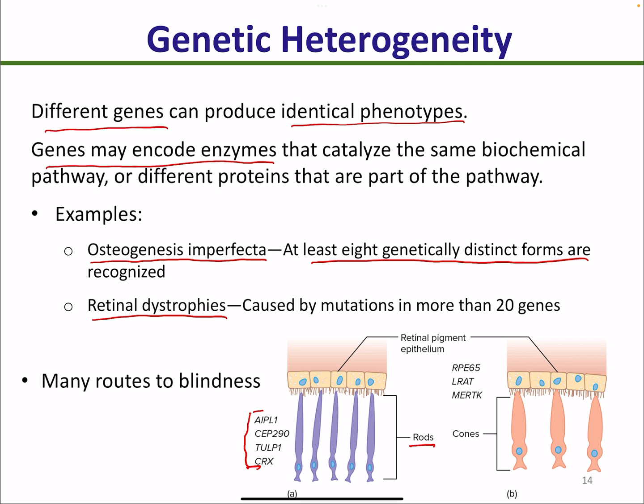So not one single gene is responsible for this, but multiple genes. And the sequence of expression, or the onset of gene expression or lack of expression, is also going to affect when this phenotype blind is appearing in someone's life.